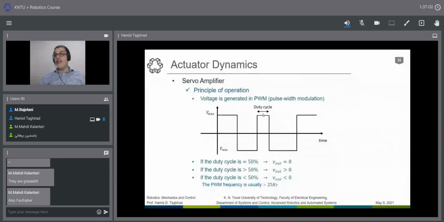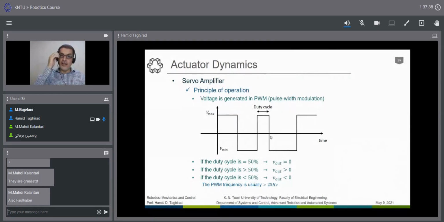But if the duty cycle is greater than 50%, so we have a larger maximum value, you see here it is less than 50%, the V out is negative. If it is 100%, we have the total Vmax coming to the system, a positive voltage, and we can just use the duty cycle to control the voltage of the system.